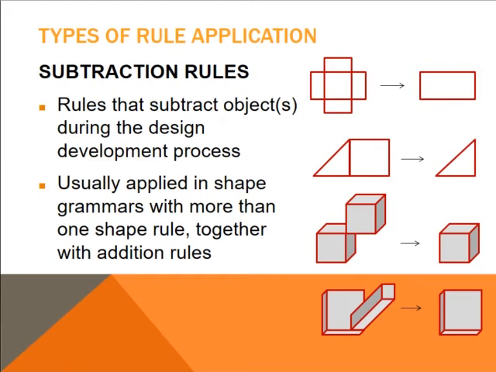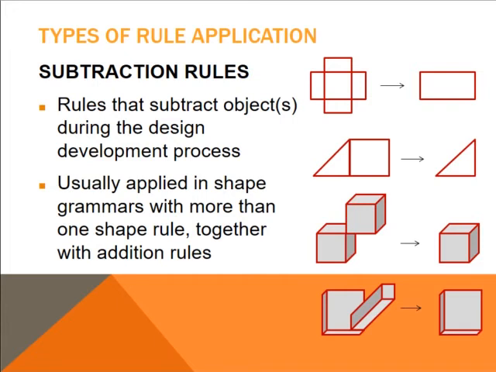Right? So the addition rules, as I mentioned, you can apply in any kind of shape grammar, be it single rule or multiple rules, 2D or 3D, doesn't matter. But subtraction rules can only be applied in a shape grammar with more than one shape rule.